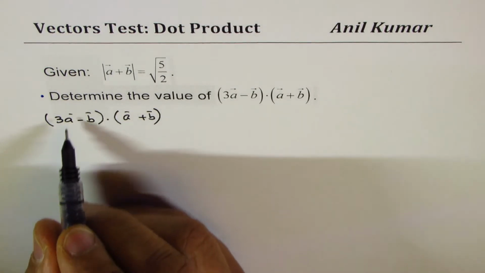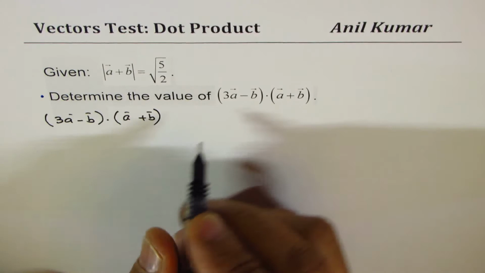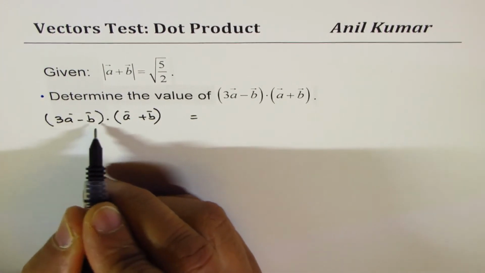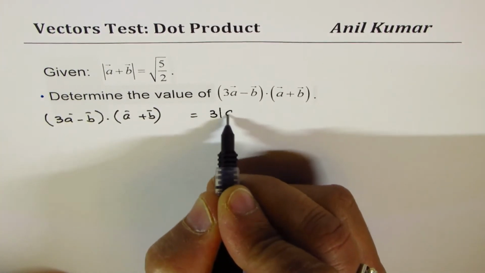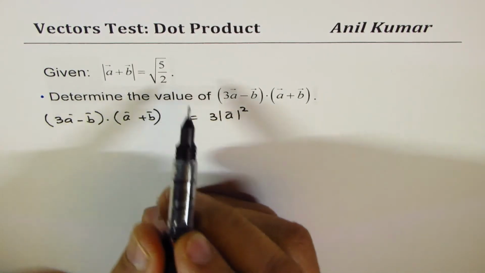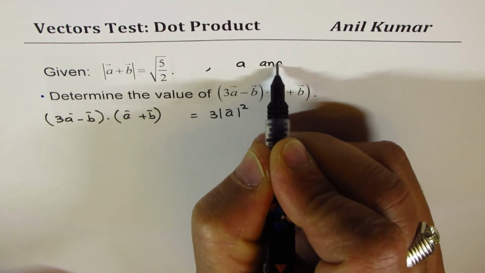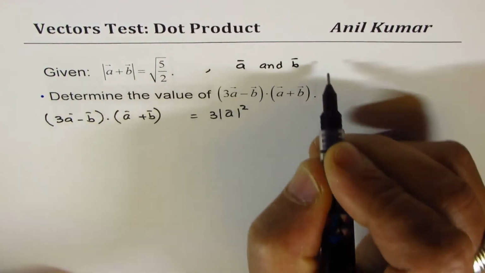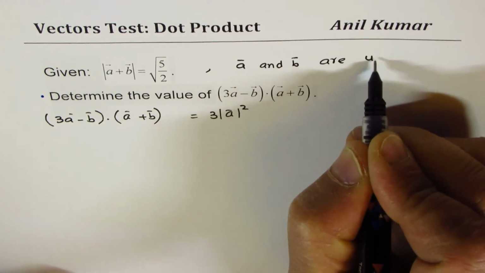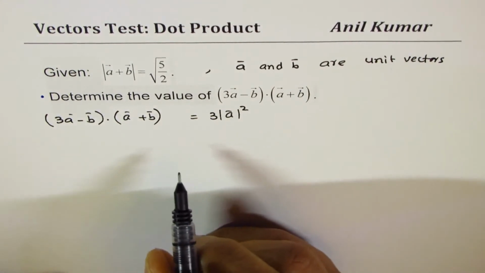Now, that really means I could write this as equal to 3 times magnitude of A squared. And I forgot to write here that both A and B are unit vectors. Correct. So let's move on.